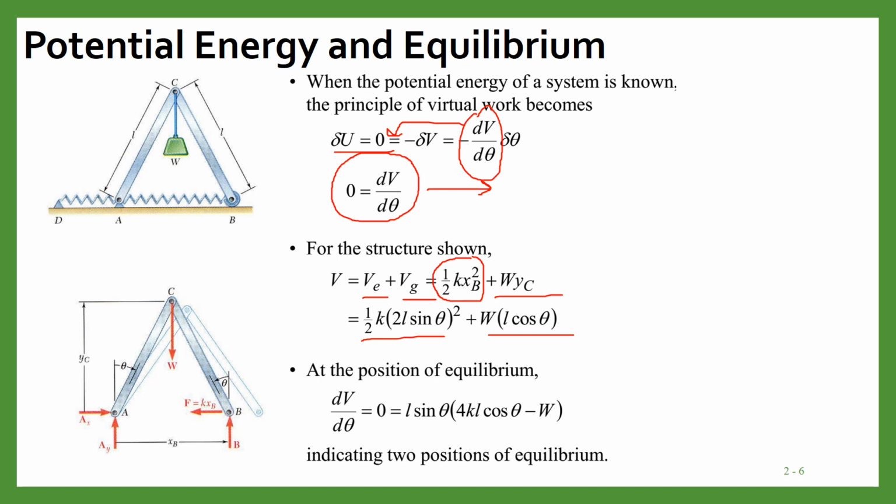Now for equilibrium, we differentiate this equation with respect to theta and put it equal to 0. So finally we will get this equation, L sine theta in bracket 4kl cos theta minus W is equal to 0. So we will get two answers, which shows that there are two positions of equilibrium for this body. So I think this is clear.